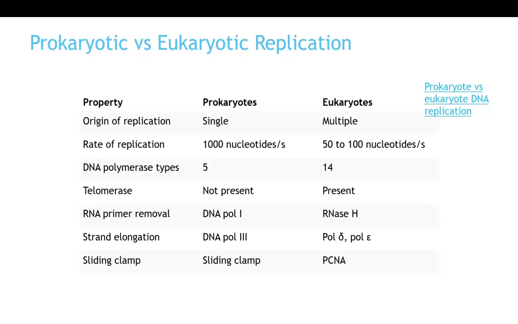We have different types of DNA polymerase, some of which we talked about. There is no telomerase in prokaryotic cells, and they have different enzymes, but they might have the same functions. Some of these enzymes vary, but overall the steps for DNA replication in prokaryotic cells and eukaryotic cells are very similar.